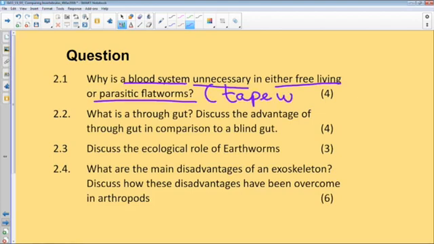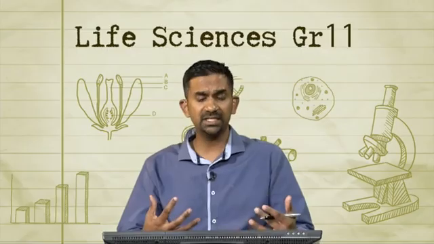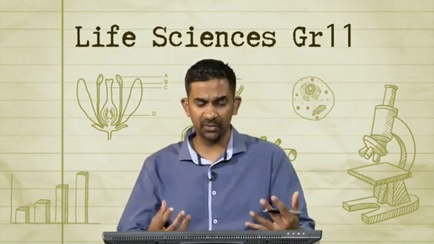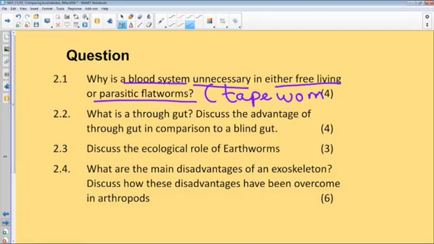And guys, if you recollect, the tapeworm is an organism that has a large surface area, which comes about from the flattened segments that it has, and it essentially needs to absorb nutrients through its body surface. So the question is, why is a blood system unnecessary? Why is it not needed by free-living and parasitic worms?